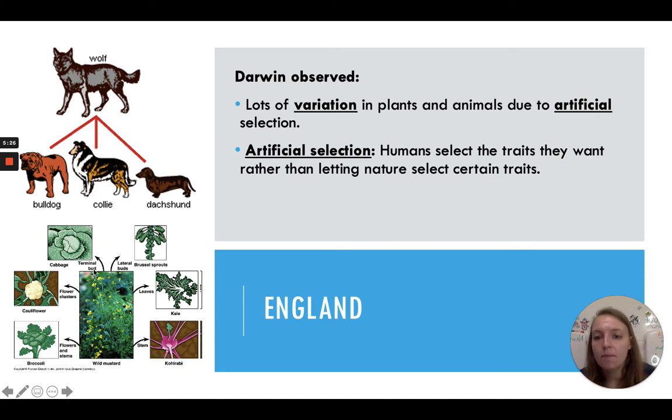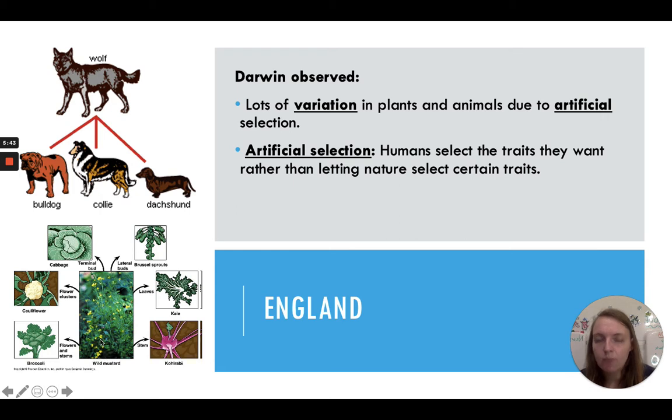Okay, this isn't exclusive to animals. He also realized that humans are able to select for traits, or pick certain things about plants and breed for them. So here we've got wild mustard in the bottom left of your screen.